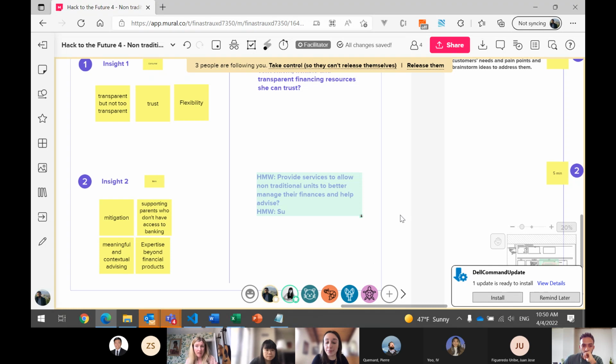People in those roles want to be able to give meaningful advice to people. They want to be able to help people achieve their goals. And so how might we be able to give them that too? Yeah, I think that's extremely important. So maybe how might we support and equip banking employees to support this?